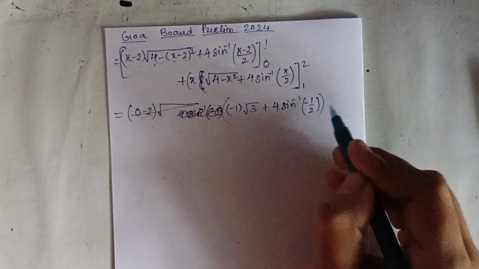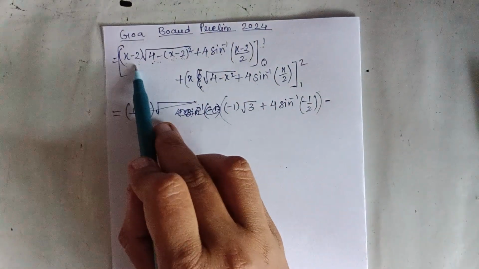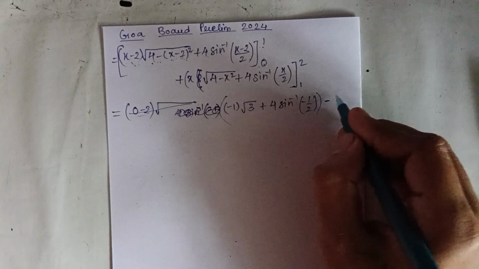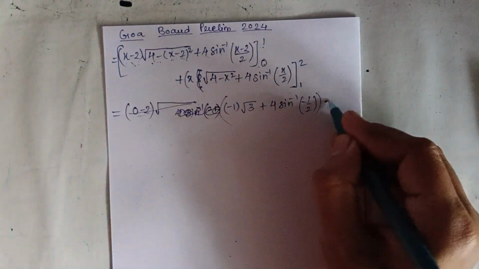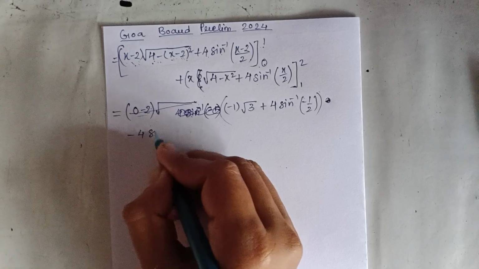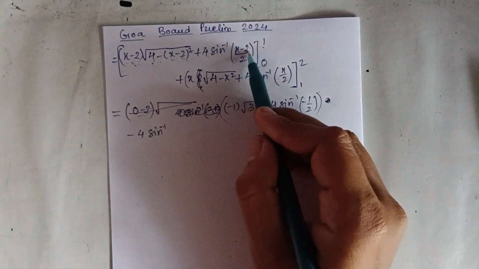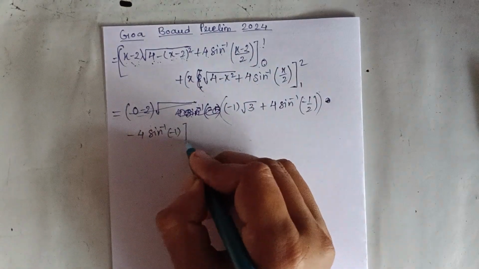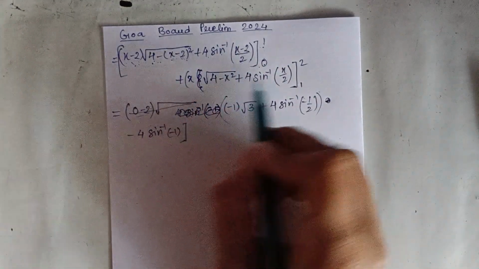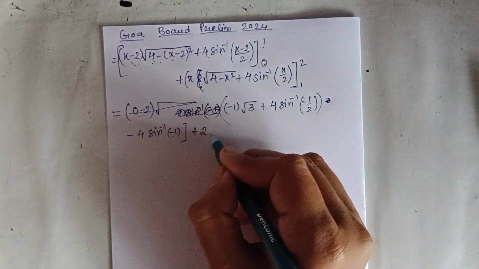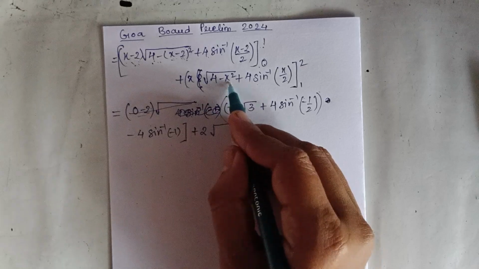Okay. Then minus, when you put 0, this term is 0. For here, it will be 4. I'll write this. 4 sine inverse of (0 minus 2) upon 2. So this is minus 1. Okay. Then for this, first you put 2. 2 root of 4 minus 2 square.